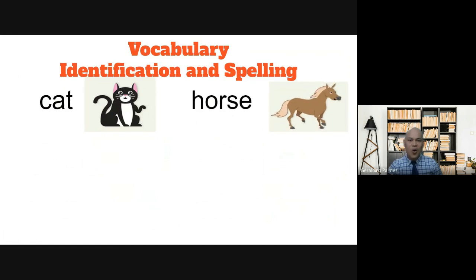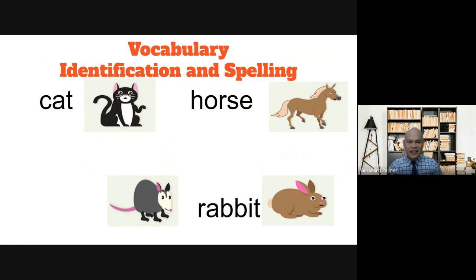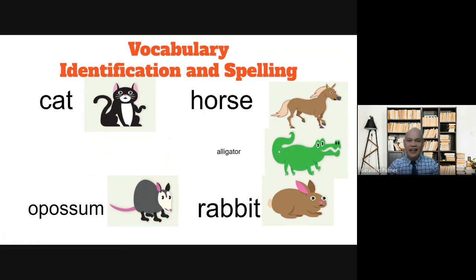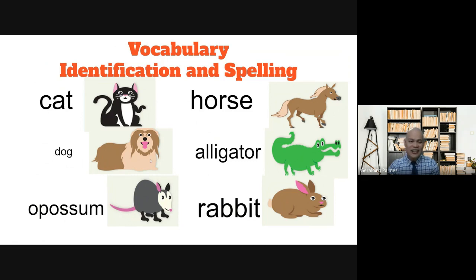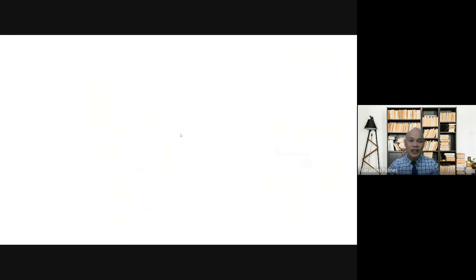It's a horse. What is it? It's a rabbit. What is it? It's a or an? An opossum. What is it? It's a or an? It's an alligator. What about this? What is it? It's a dog. All right. I guess you can already remember all this spelling because we learned this from Lesson 1.